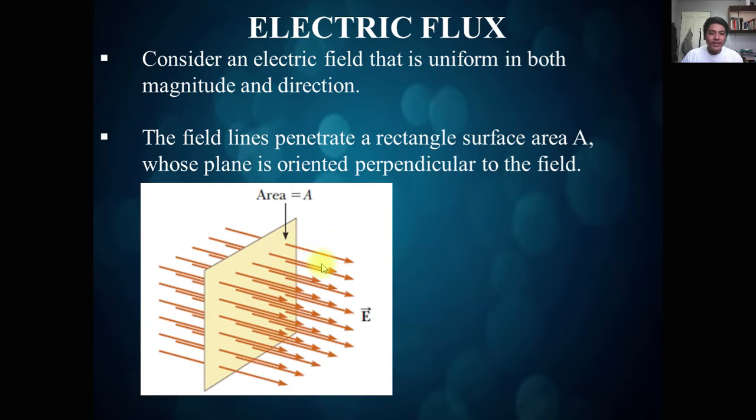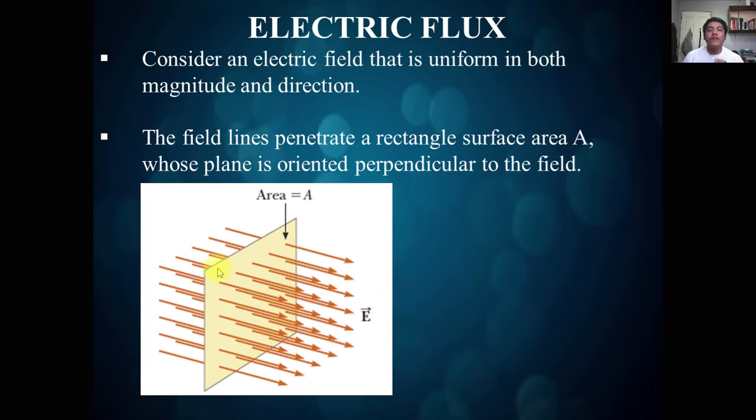Okay, so in this case, we can define electric flux as basically the product of the electric field and the area through which it passes. In other words, we have the electric flux as the product of the electric field multiplied by the area through which it passes.